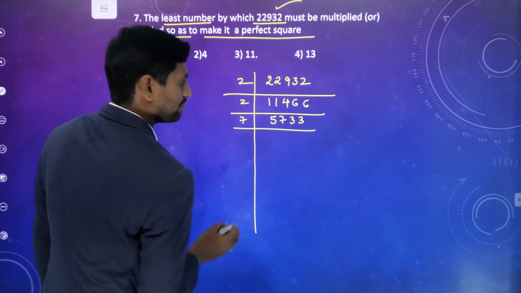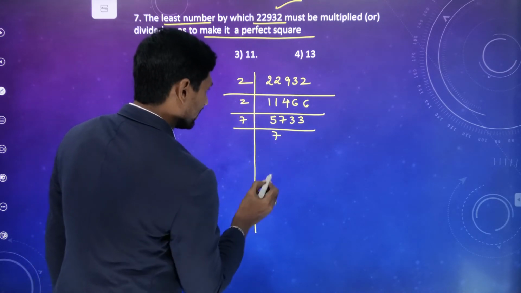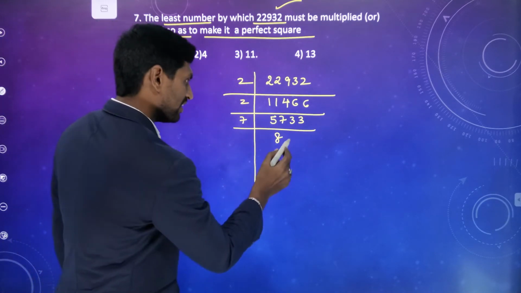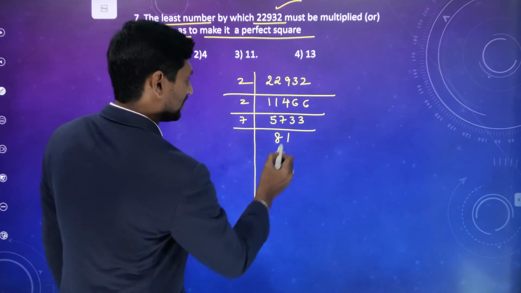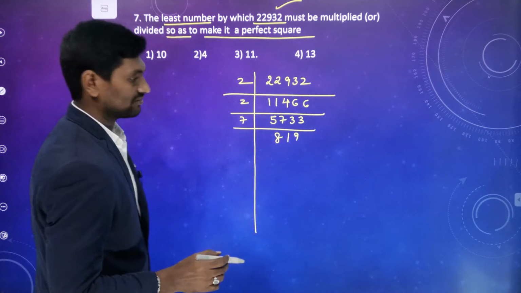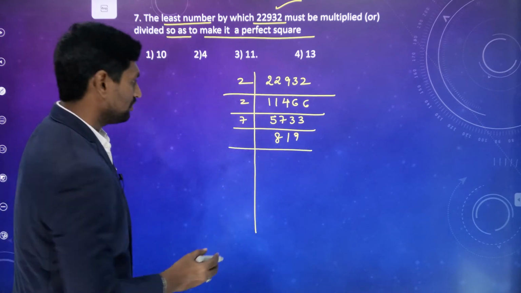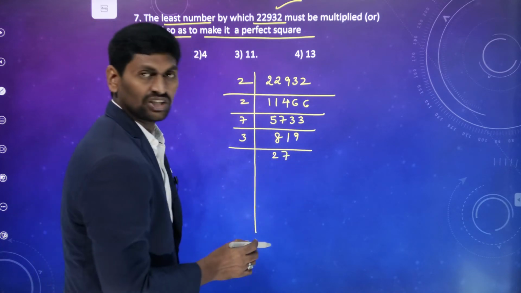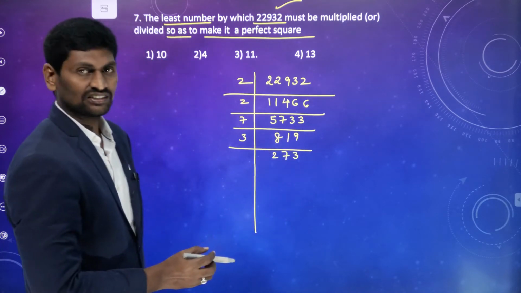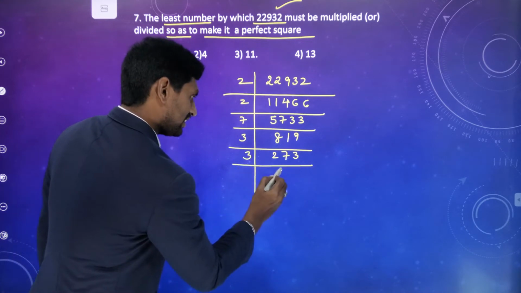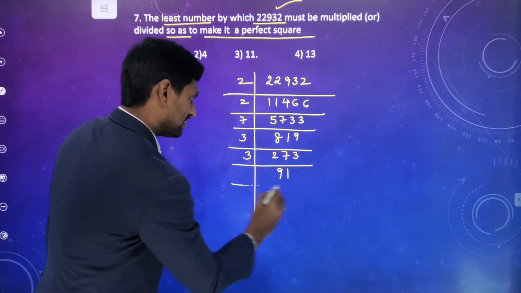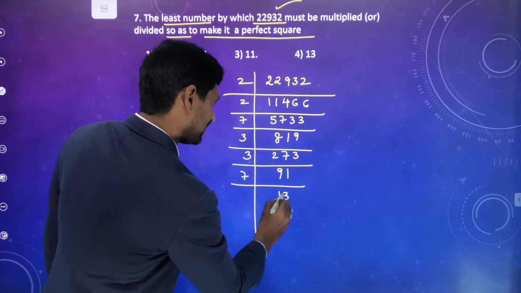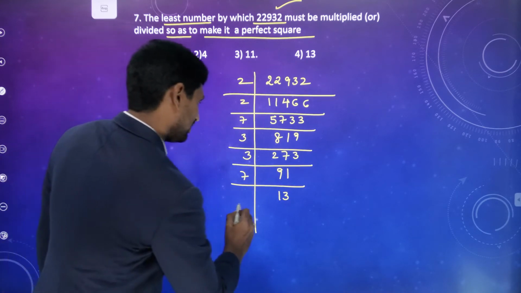Let us check. 7 8s are 56, here 1 remainder, 7 1s are 7, 6 remainder, yes, 7 9s are 63. Now 3 table will come, 3 2s are 6, 7s are 21, 3 3s are 9. Again 3 table, 3 9s 27. 7 table will come, 7 13s are 91. Now 13.